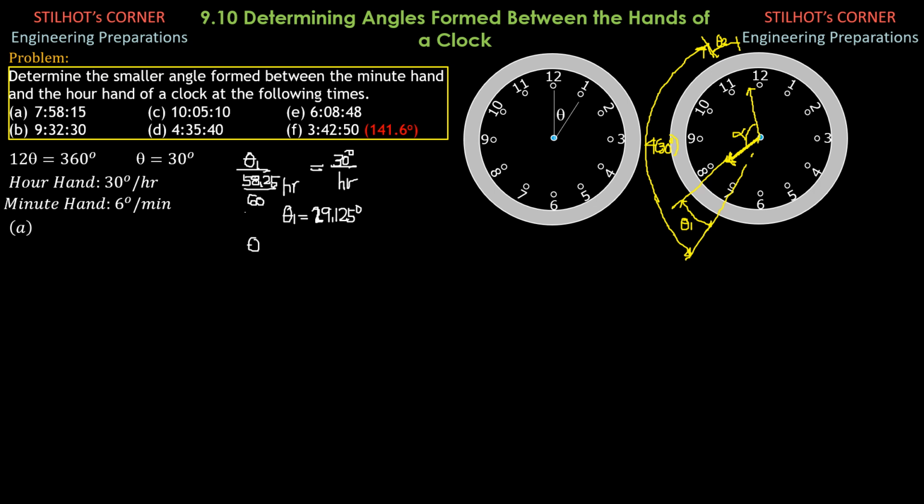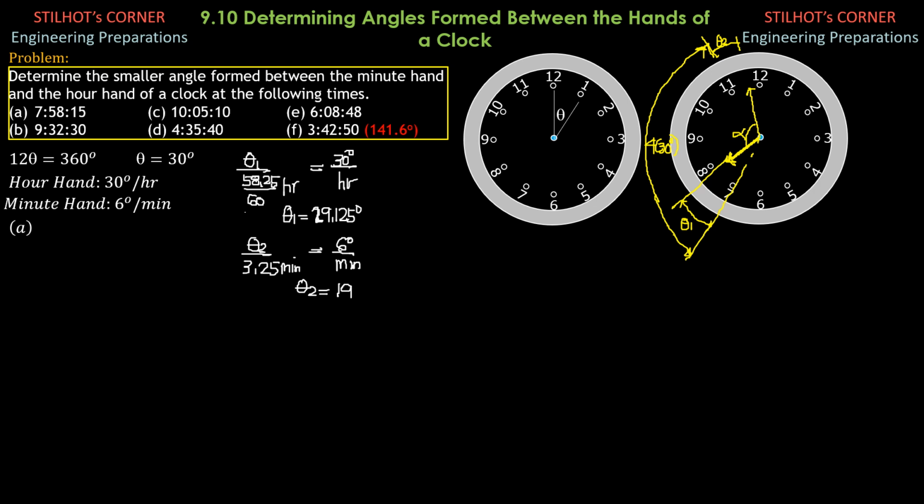So theta 2 corresponds to 3.25 minutes at 6 degrees per minute. Solving for theta 2, it is 3.25 times 6, and it is 19.5 degrees.